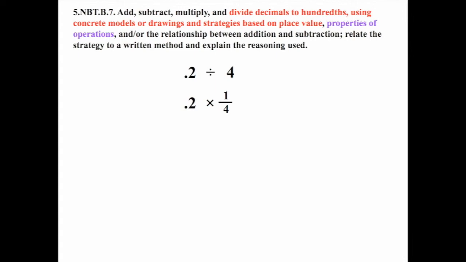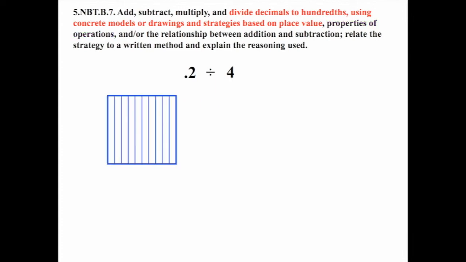Or another way of thinking of it is we take 2/10 and split it up into 4 equal parts, and again we only want 1 of those. So we take our unit whole, split it up into 10 equal parts, and get rid of 8 of them, so we have 2/10. Now we need to split that up into 4 equal parts. We only want 1 of those.